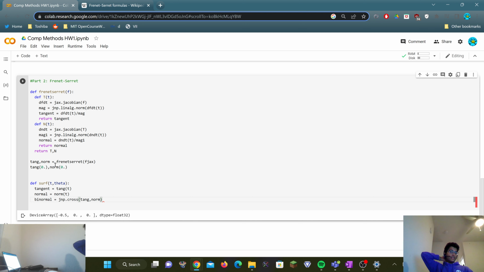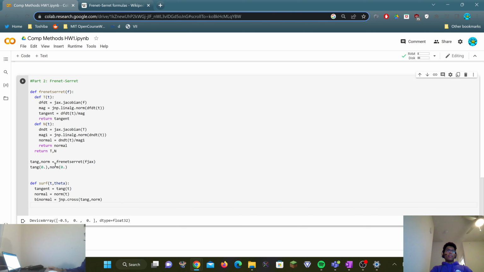Very easy. What we're actually doing here is this: when you parameterize a curve with x and y and put that into polar coordinates, you do x equals r cosine theta, y equals r sine theta.